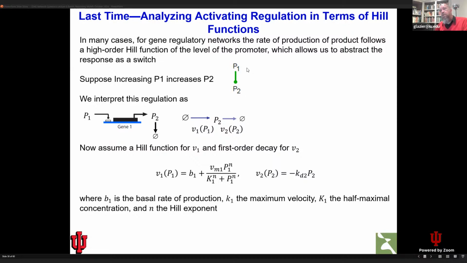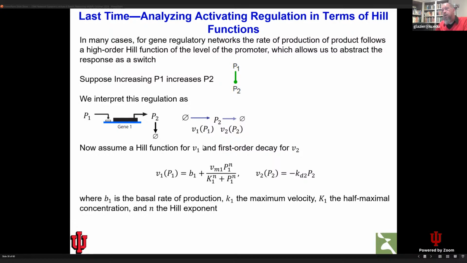And when I write something like P1 inhibits or promotes P2, I always have to remember that P2 decays. And so this single lollipop then turns into nothing goes to P2, and P2 goes back to nothing. Otherwise, I'll wind up with an infinite amount of P2, which I don't want.